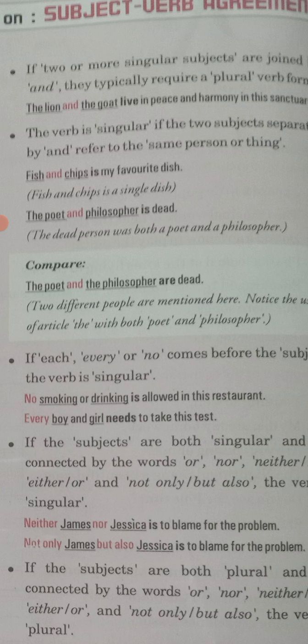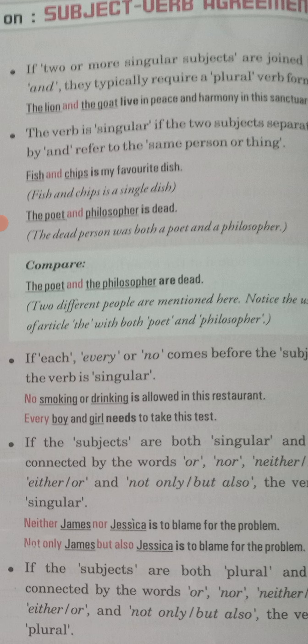So if such kind of things are there and they have mentioned "and" between them, don't take those things as two, take them as one, and the verb we will use is also the singular verb. So fish and chips, they haven't put "are", they have put "is", a single dish.